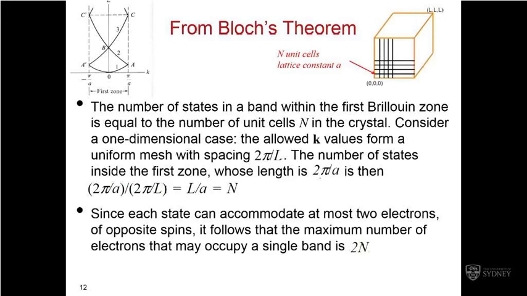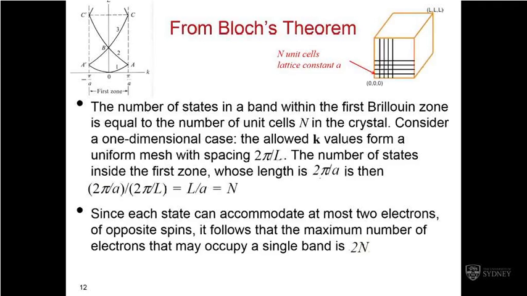These are the allowed k values. But we also have the periodicity of the unit cell, which is a smaller length than the actual crystal. Therefore, in reciprocal space, the unit cell, your Brillouin zone, is 2π/a.